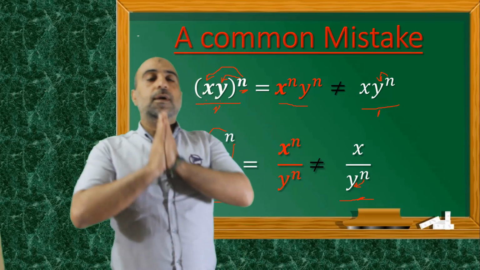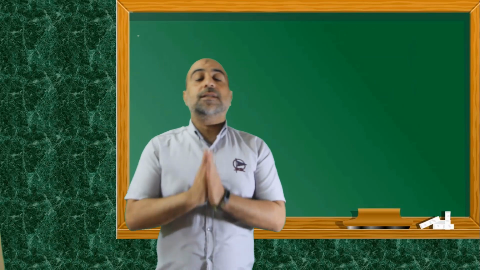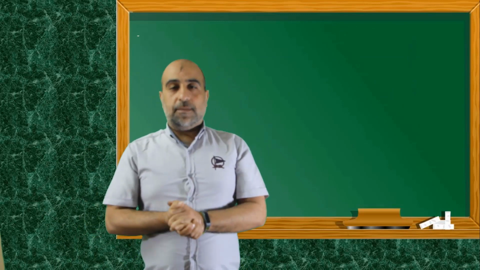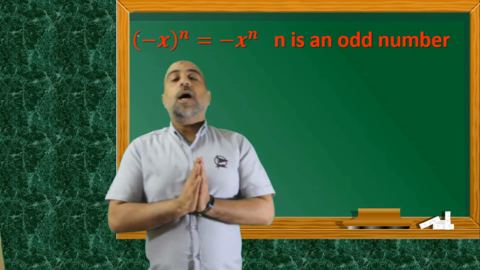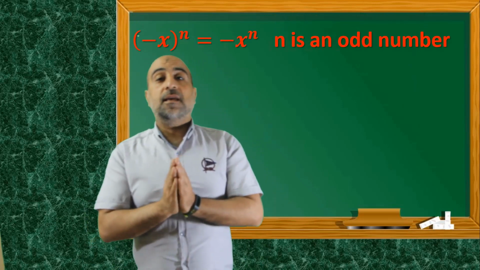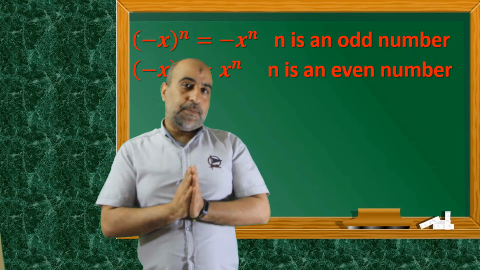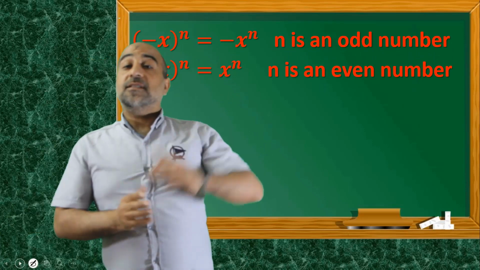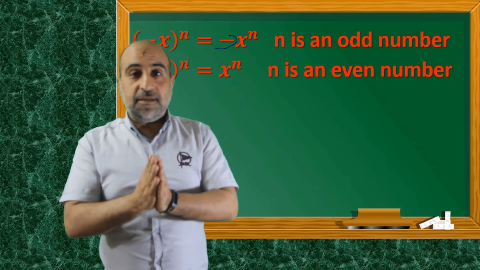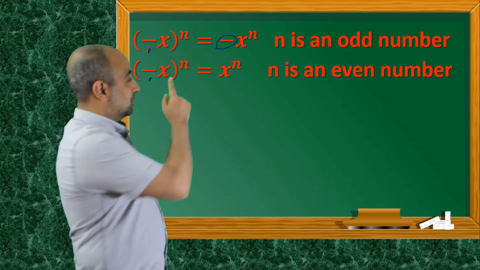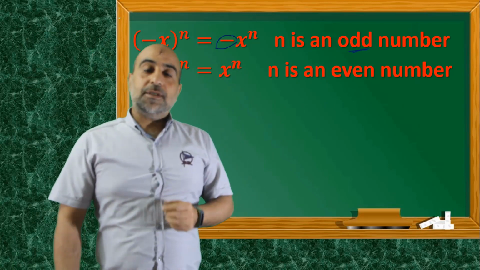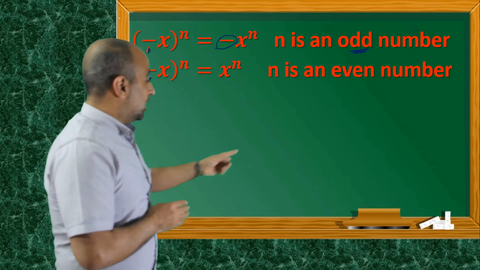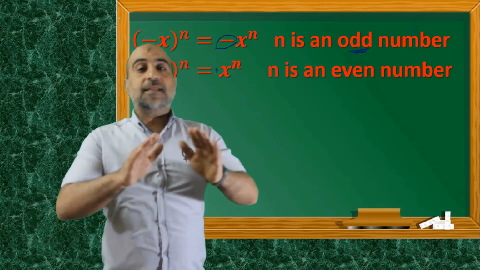Now, let's remember how we deal with the negative sign in repeated multiplication. If the base is negative, then sometimes the result will be negative if the power is an odd number, and sometimes the result will be positive if the power is an even number. That is the rule.